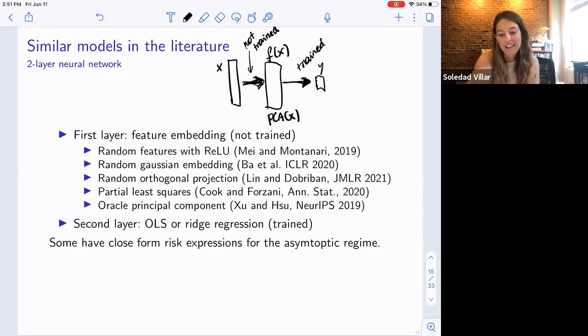So I guess what you're saying is that understanding this regime is not going to be helpful to understand the role of overparameterization in deep learning, and I agree with that point of view.